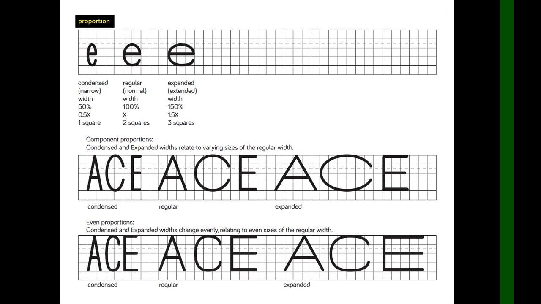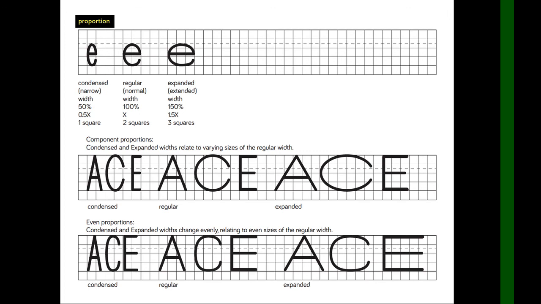Going the other way, our expanded capital A is 4.5 squares wide. Our expanded capital C is 6 squares wide. Our expanded capital E is 3 squares wide. Now you may notice something, that our geometric style is based entirely on triangles, rectangles, and perfect circles.